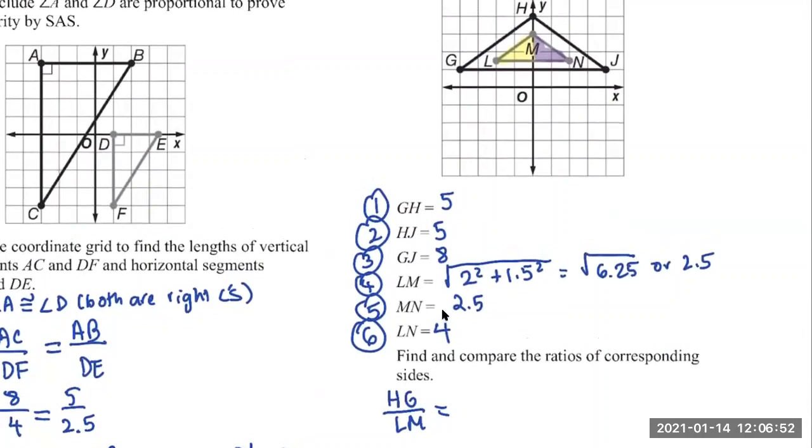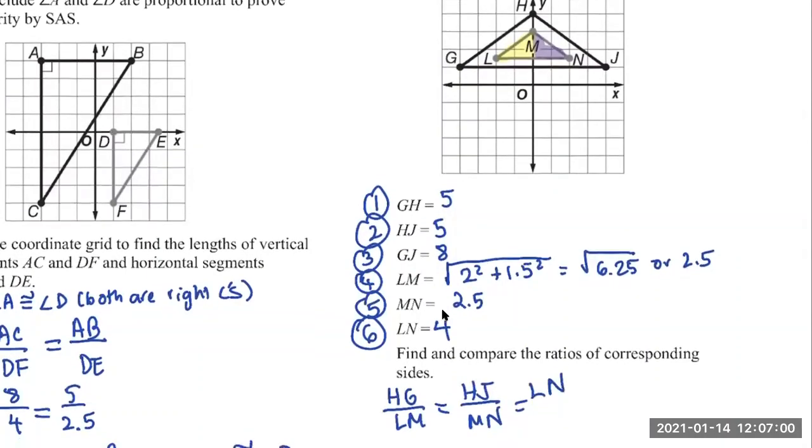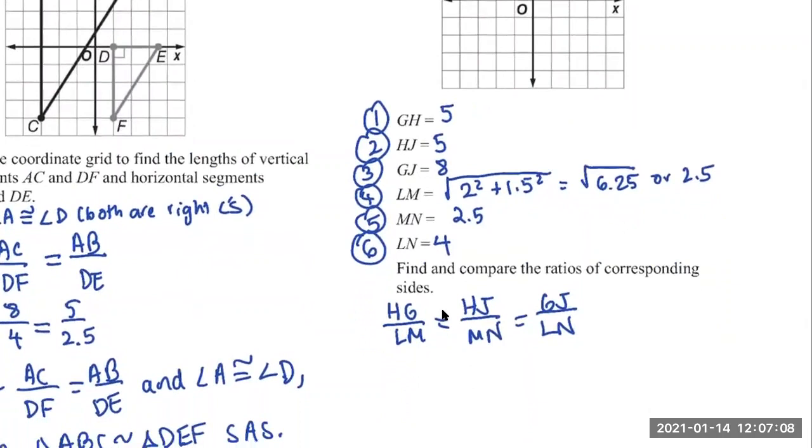And then HJ matches up with MN. And lastly, the base of both triangles. And sorry, I'm going from big to small, so I need to mention GJ before I mention LN. Okay, at that point, if you guys can all start to plug the numbers in and tell me what is the ratio that you guys get after you simplify that.